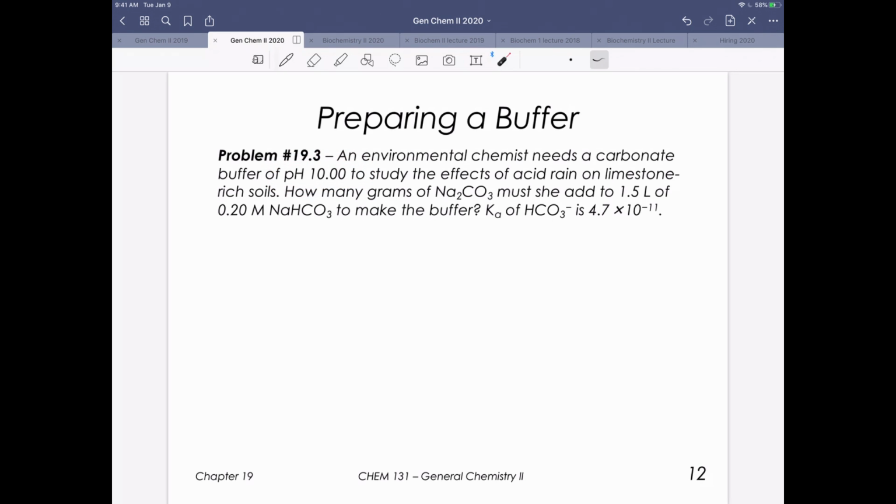So again, to set up this problem and give you a little bit of a clue, you want to use the Henderson-Hasselbalch equation that, remember, has 4 unknowns. We know the pH, we know the Ka, so hopefully it's straightforward to figure out the pKa, and we know the molarity of the sodium bicarbonate that we want, so we need to figure out the grams of sodium carbonate to add.